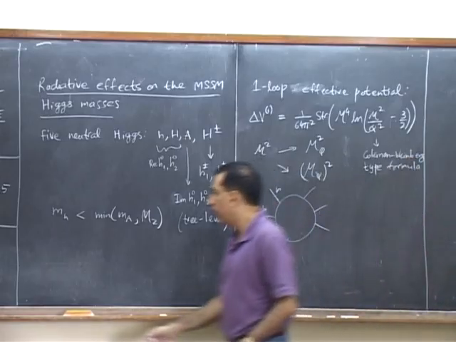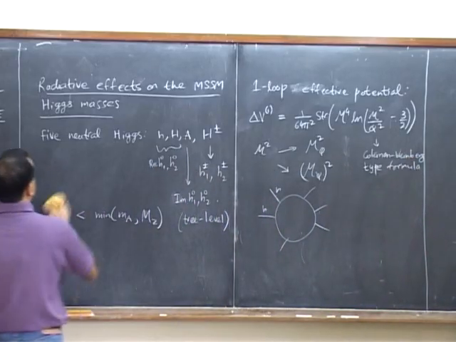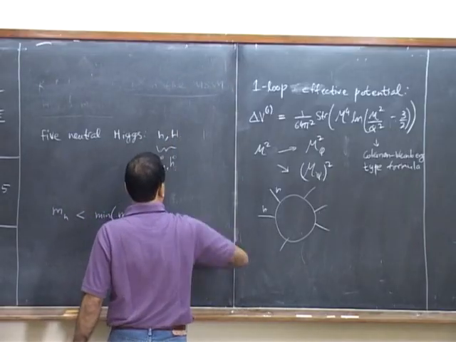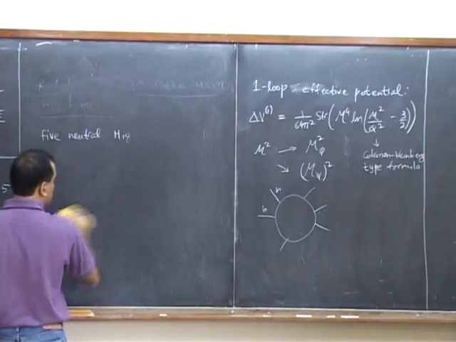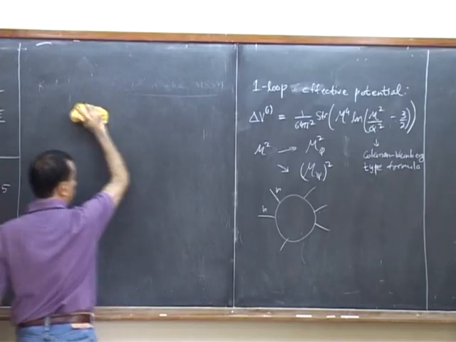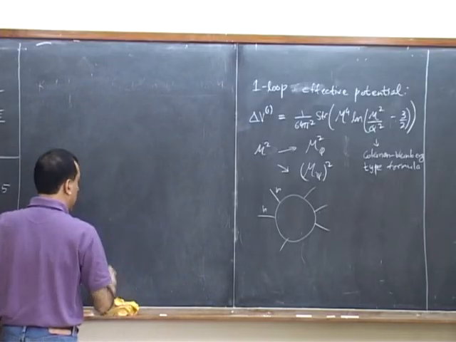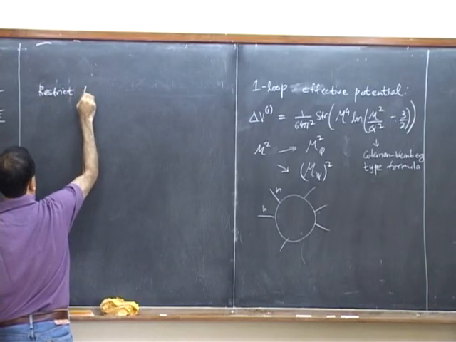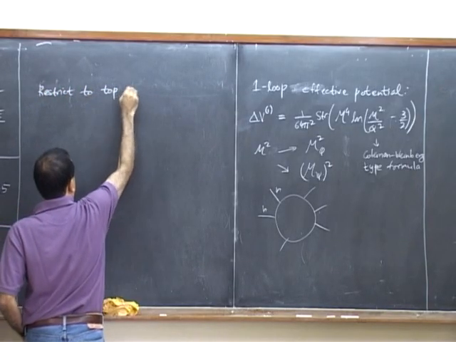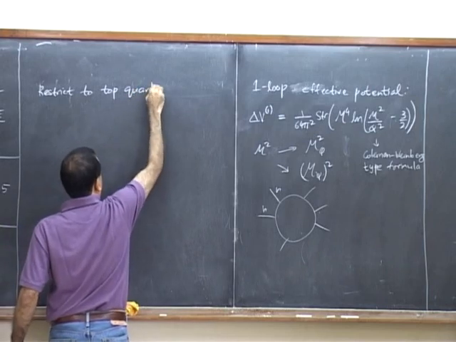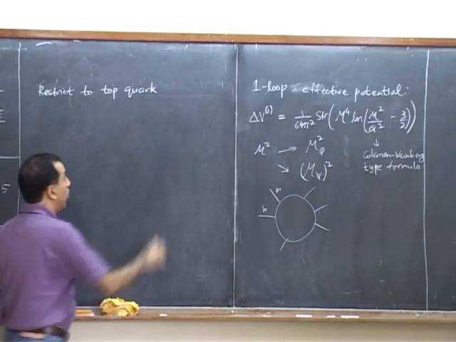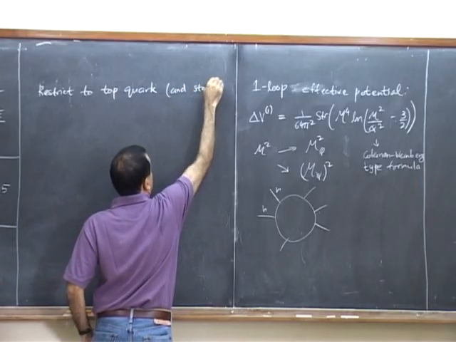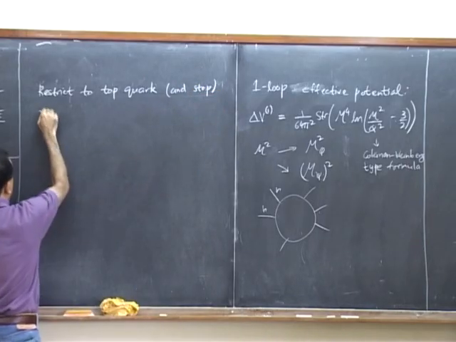Okay. So, we could make a simplifying assumption that we calculate this running over only a subset of the possible particles in the loop. So we make this assumption. We restrict only to the top quark as well as the stop, its fermion partner running in the loop.